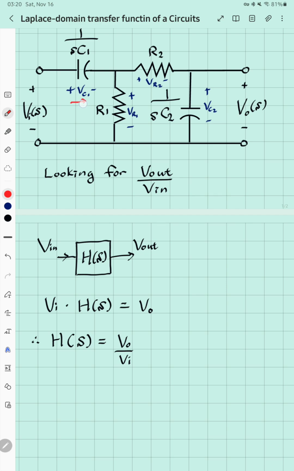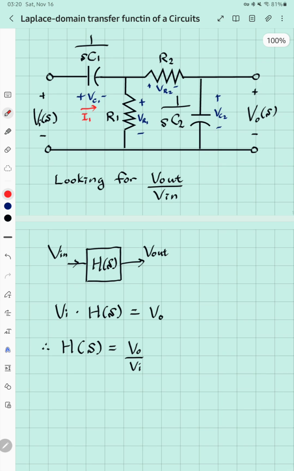We'll just name and number them. Let's say this is I1, and then this one is I2. That is I3. And then make sure you have that node. You can label this one I4 as well, for completeness.